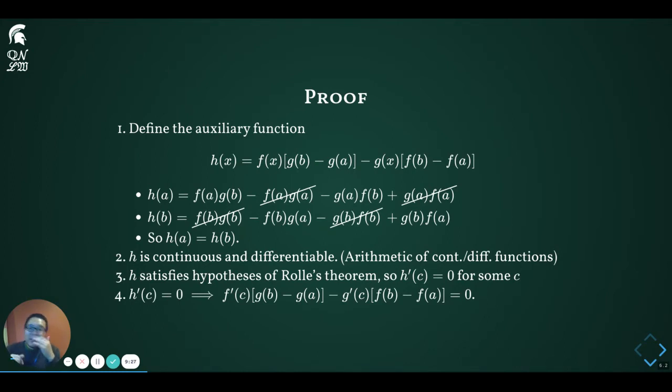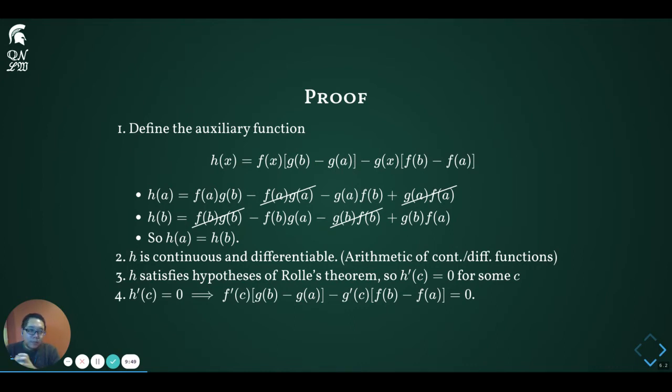Now, since h of x is given by the difference of two functions, each being a constant multiple of a function that satisfies the continuity and differentiability assumptions of Rolle's theorem, this means h of x now satisfies all of the conditions for Rolle's theorem to apply.